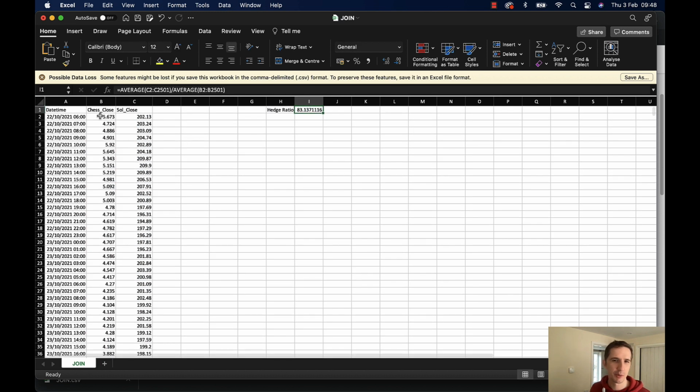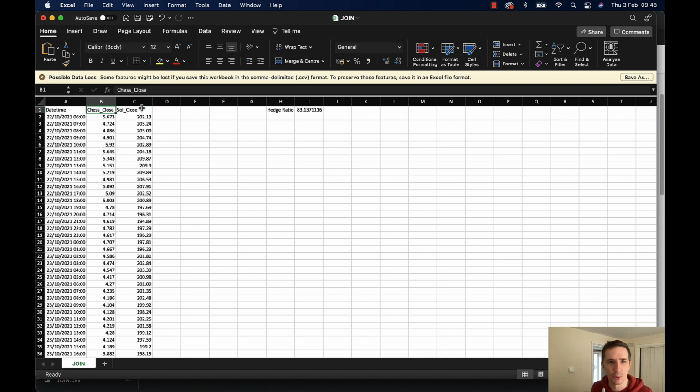That gives me a hedge ratio of 83.13, right? It looks broadly the same as that 100 hedge ratio we had earlier. The prices might have changed a lot because of different time periods. Also, the hedge ratio calculation here is completely different and probably not that reliable, but that's fine.